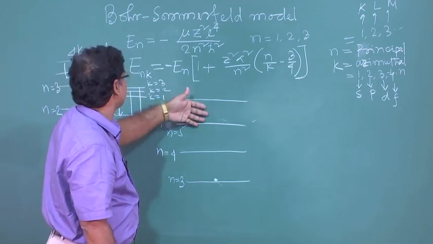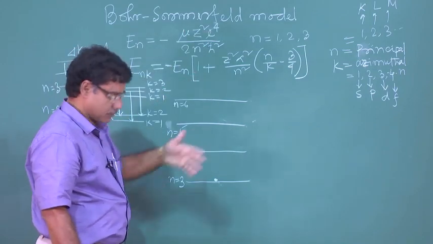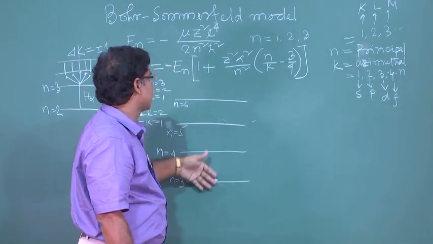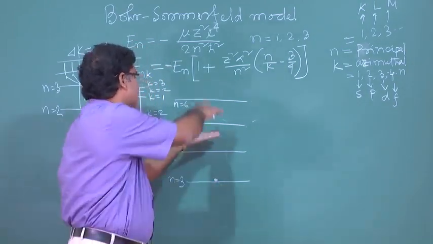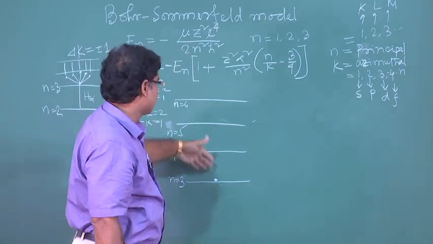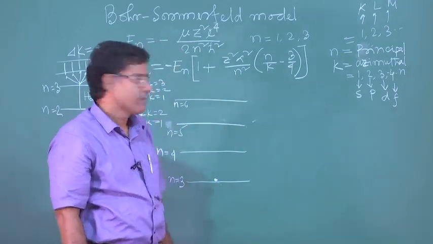These are just from the Bohr model; one can draw energy levels like this. The separation of energy levels will of course decrease, but here it is not drawn to scale.